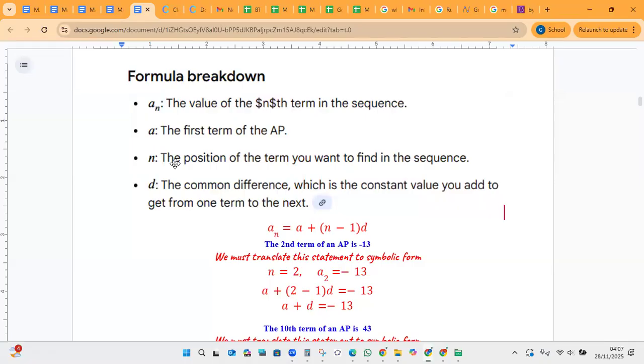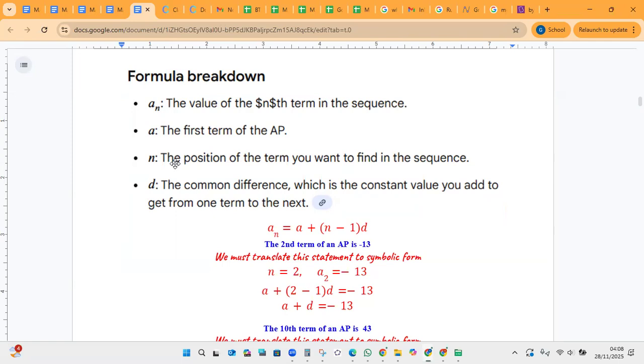So here we have written the formula A sub n equals A plus n minus 1 in the bracket times D. The first piece of information is the second term of an AP is negative 13. So we must translate this statement to symbolic form. So n here is equal to 2, the second. A sub 2 is equal to negative 13.